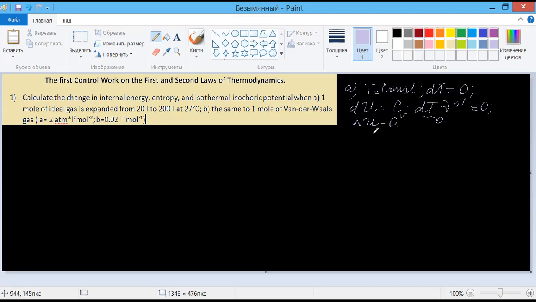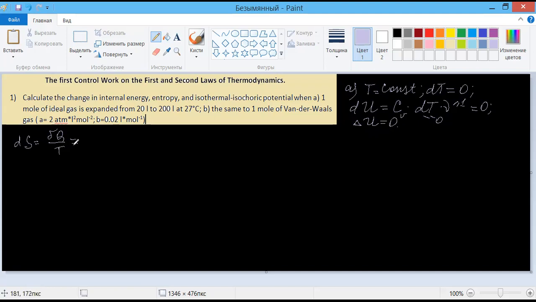So we also can calculate the change in entropy. Of course, we could write down the needed formula immediately, but it's not the best way to show the examiner that you know the stuff. Let's derive the formula. From the definition, we remember that dS equals delta Q over T, right?